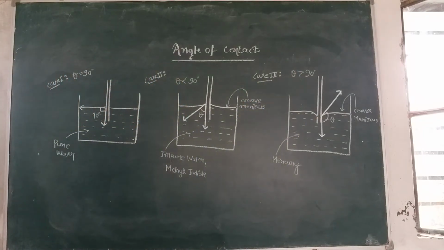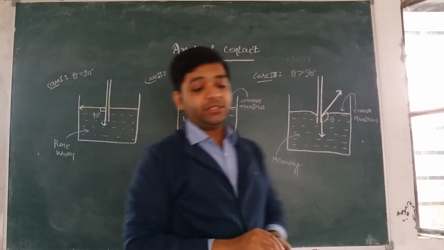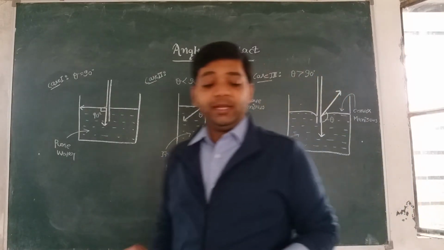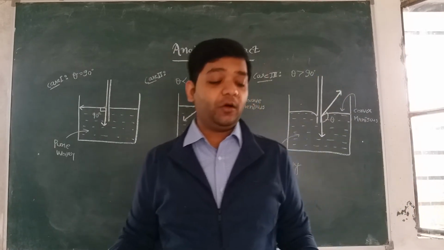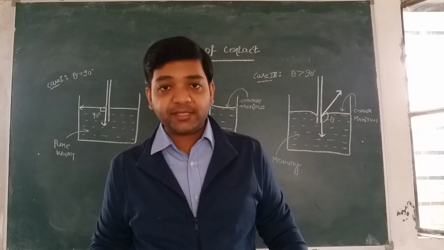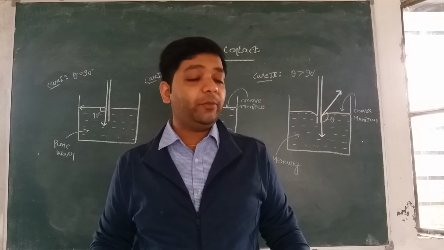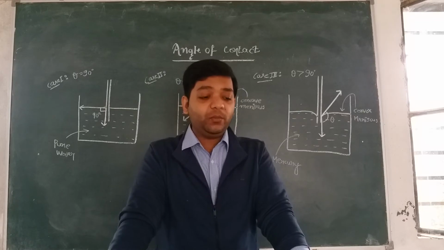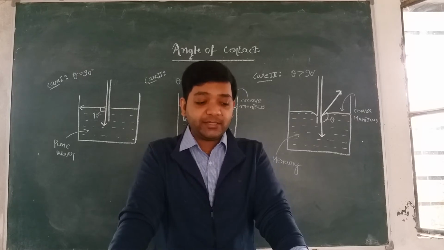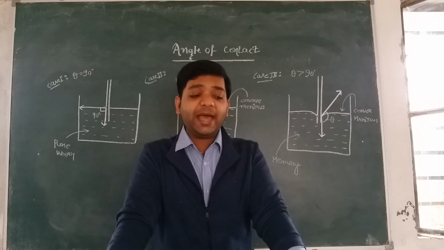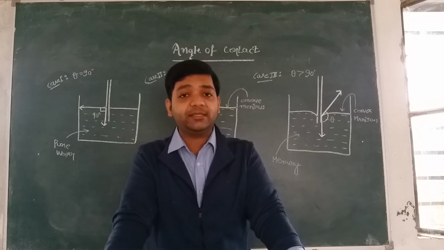I hope this is clear to everyone, right? So now please write down the definition of angle of contact. The angle between the tangent to the liquid surface and the tangent to the solid surface at the point of contact is called the angle of contact.